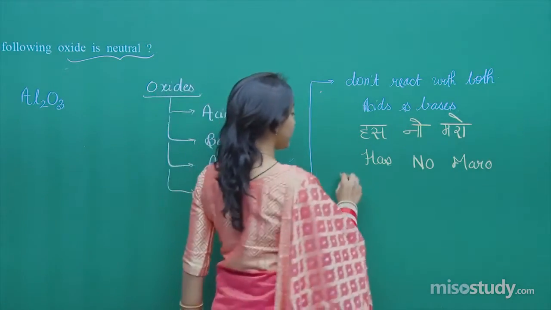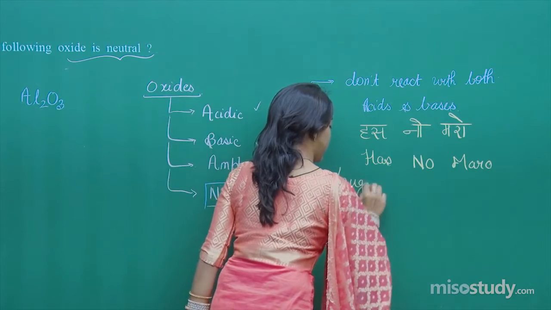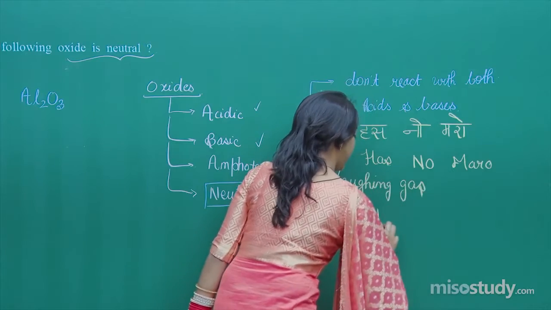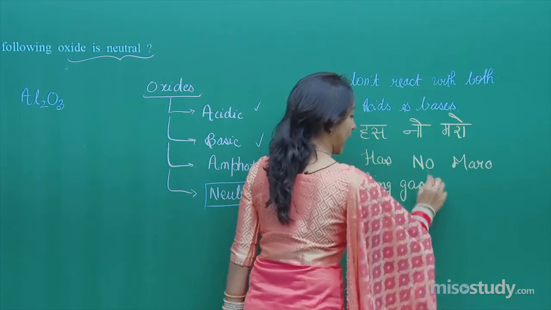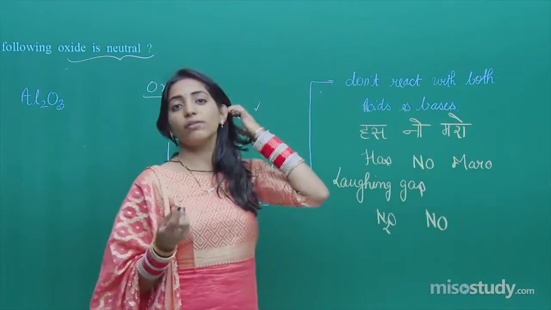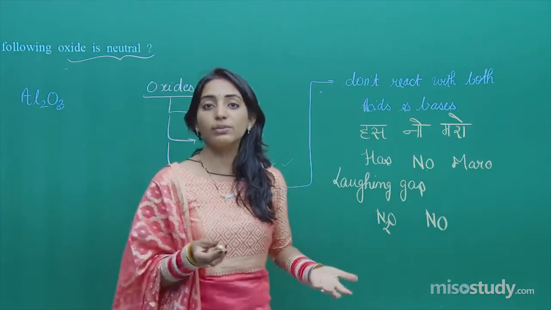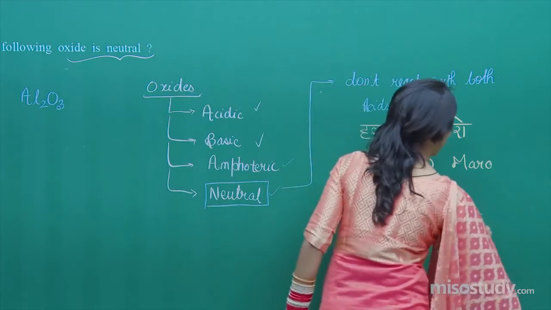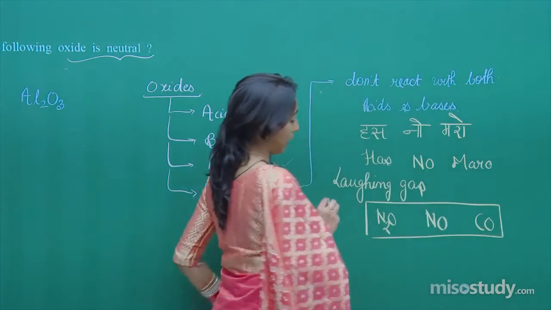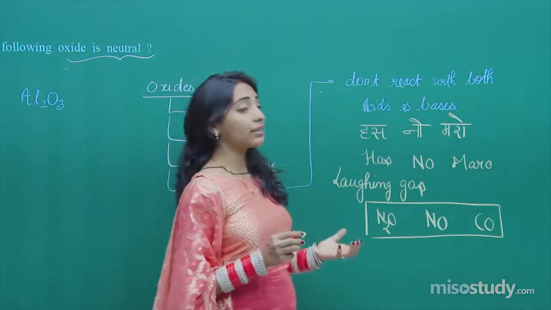This is laughing gas, and laughing gas has the formula N2O. NO is nitrogen monoxide, and Maro is the one about which we say you die because of this particular gas, which is carbon monoxide. So these 3 are the oxides which are actually neutral.